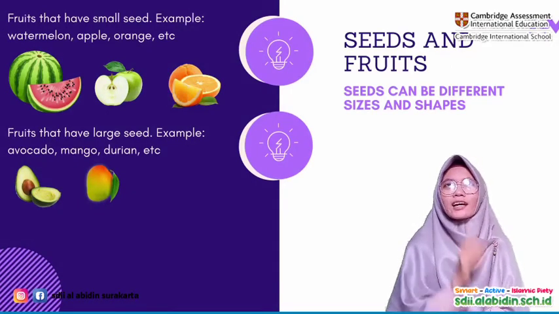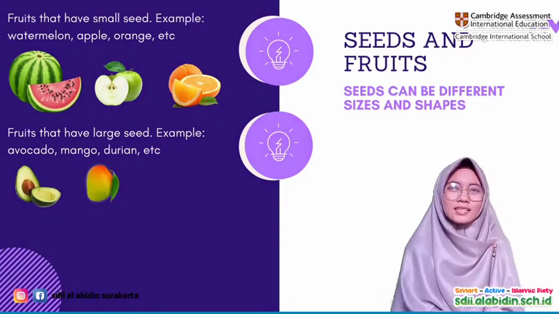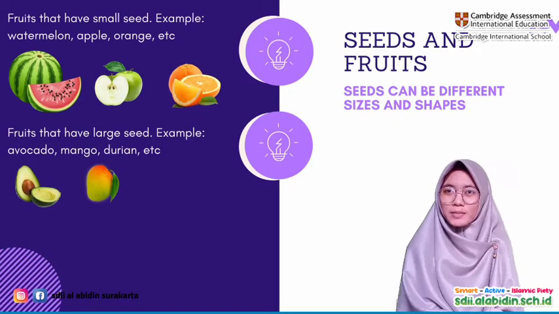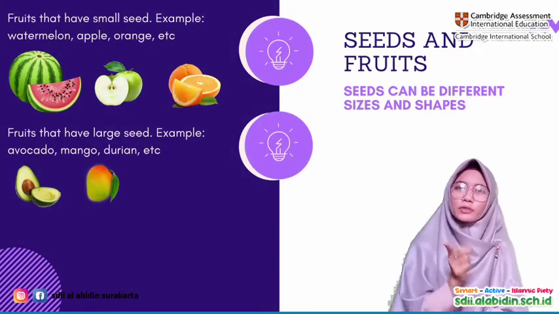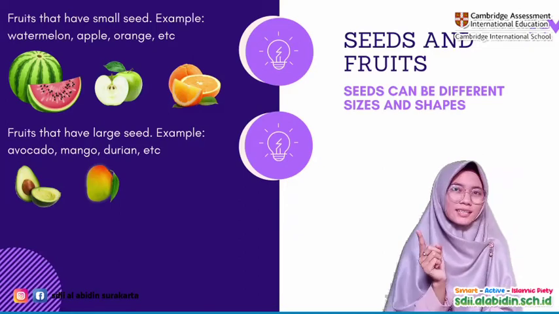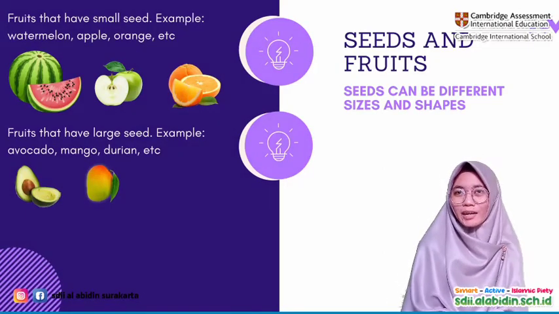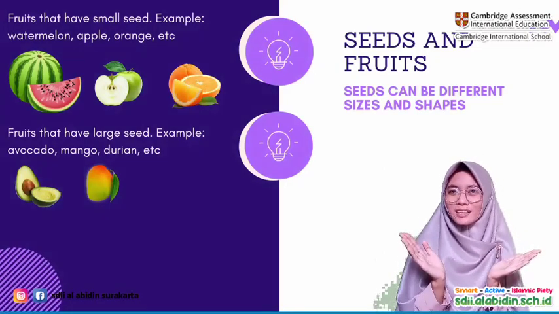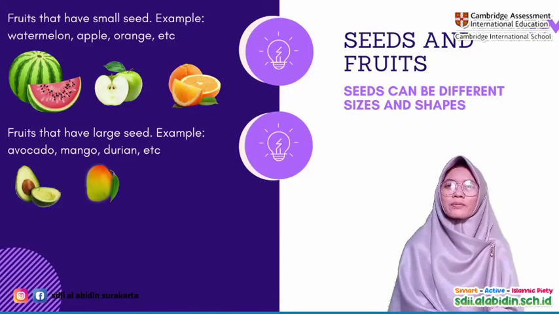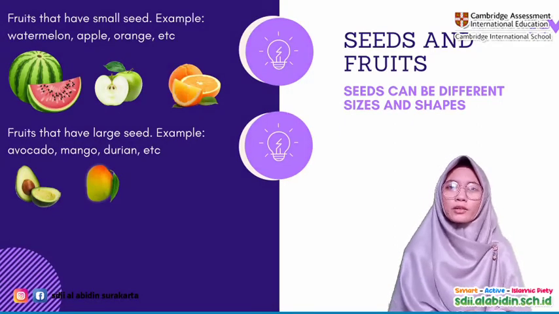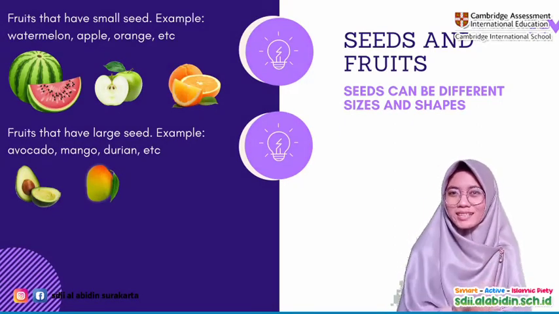Actually, seeds can be different sizes and shapes. There are fruits that have small seeds and fruits that have large seeds. Okay, let's discuss. Can you give me examples of fruits that have small seeds?